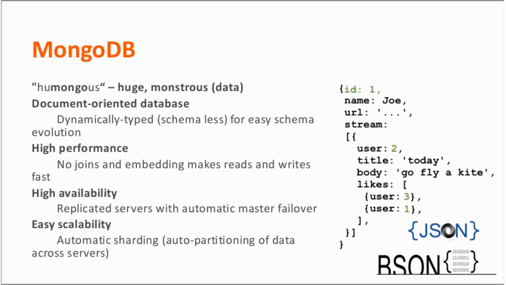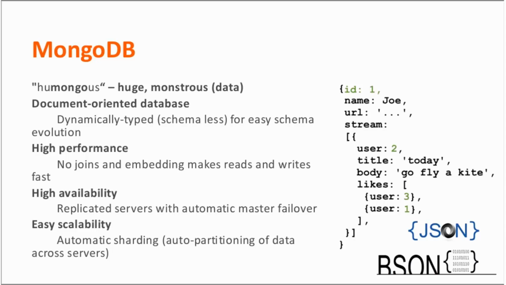So what is MongoDB? MongoDB is a document-oriented database that provides high performance, high availability, and easy scalability. MongoDB itself is taken from the word humongous, which means huge with respect to the data you can store with it. It is schema-less because there is no actual defined schema.